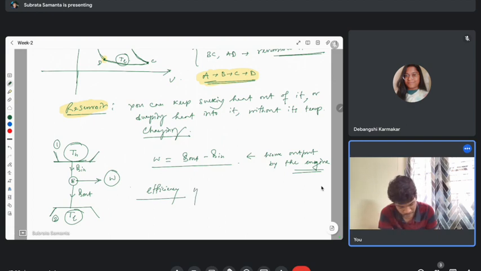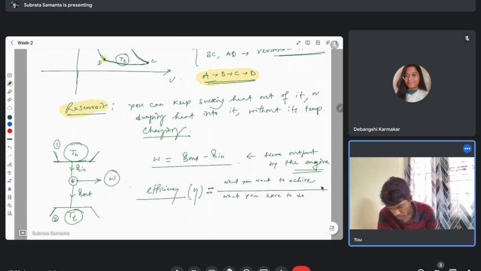So the efficiency is defined this way: what you want to achieve, and what you have to do to achieve it.